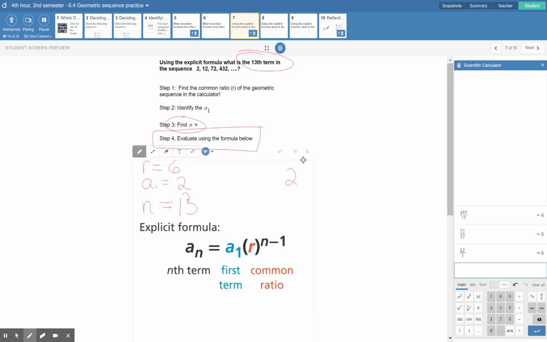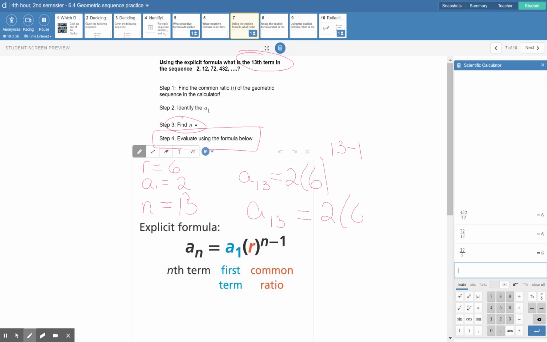So we have our 2, we have our 6, and to find the 13th term, we have to do the 13th minus the 1. So you should have A sub 13, that's our 13th term.